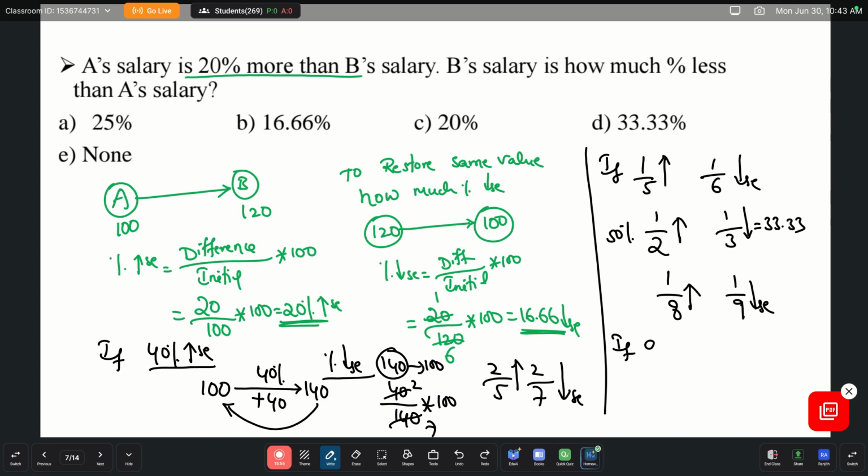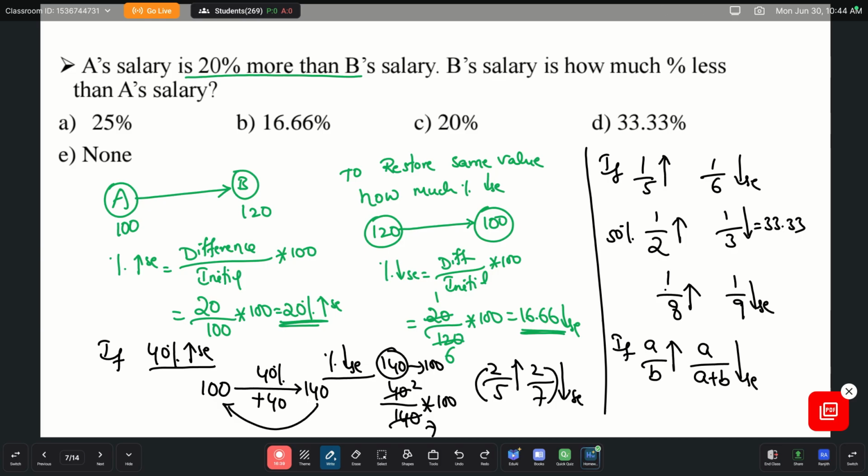If A by B is increased, like 2 by 5 is increased and 2 by 7 has to be decreased, then A by A plus B has to be decreased. 1 by 8 is increased, 1 by sum of numerator and denominator has to be decreased. 20 percentage is increased, 16.66 percentage decrease; 50 percentage increase, 33.33 percentage decrease; 12.5 is increase, 11.11 percentage is decrease. Okay, in this way we can find out.